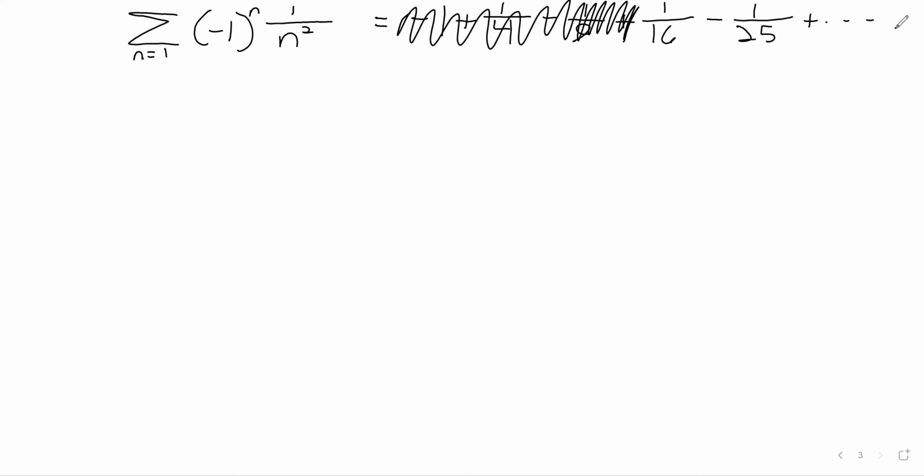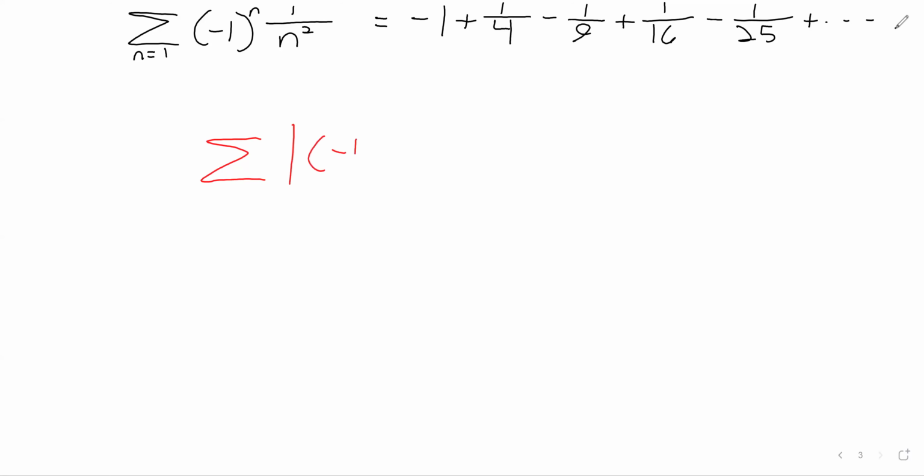But there are an infinite number. What we can do, now that we've seen this definition/theorem on the previous frame, is ask, well, what if we put absolute values around them? What if we just got rid of the negative signs?